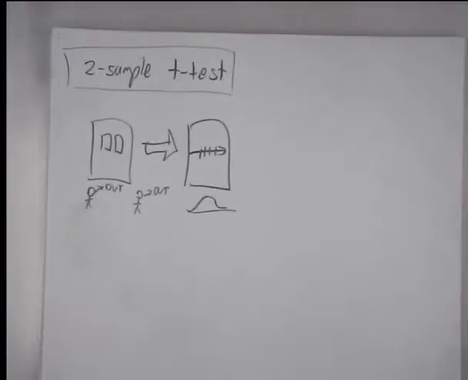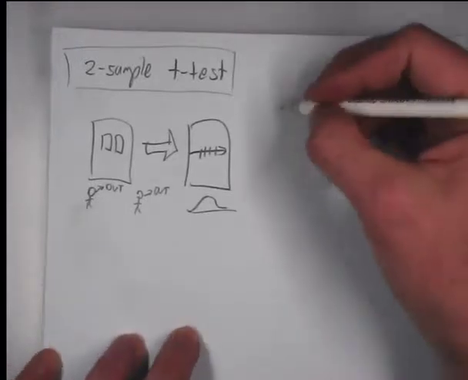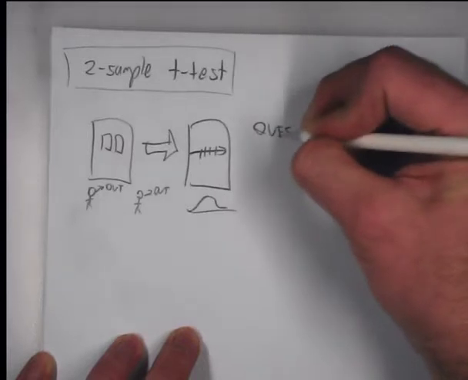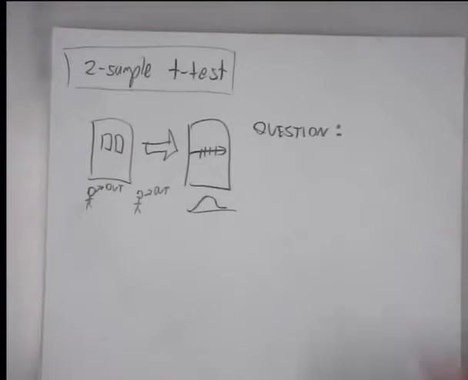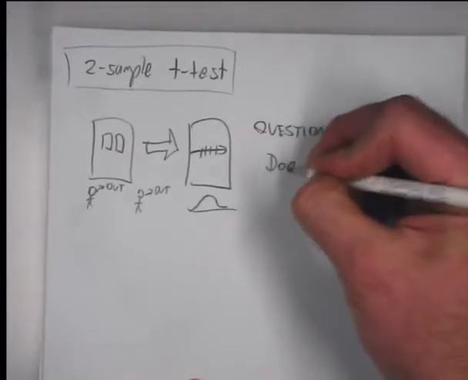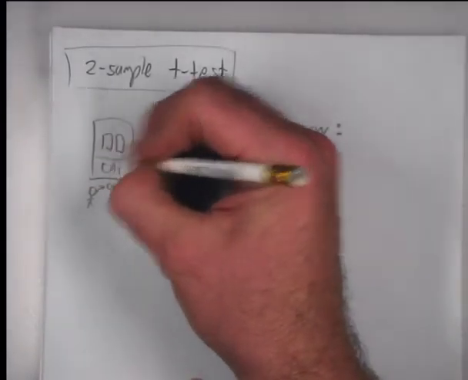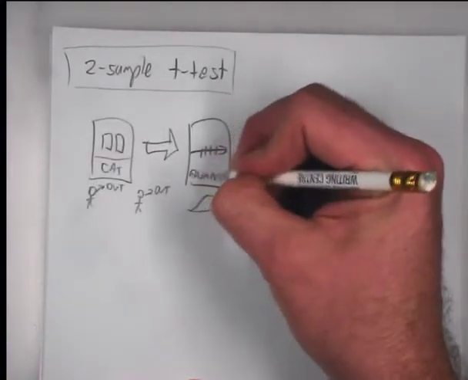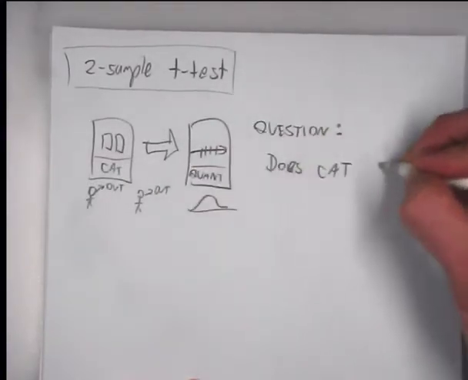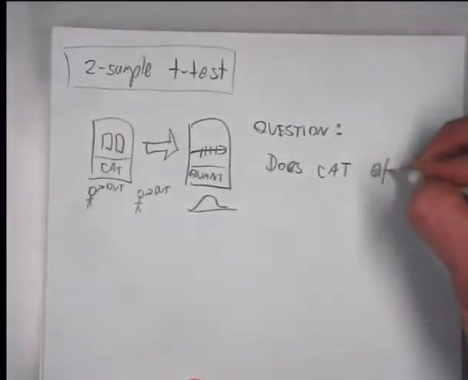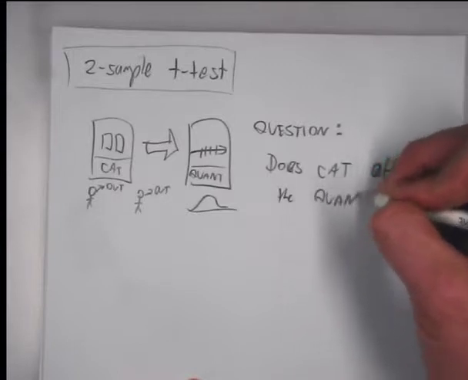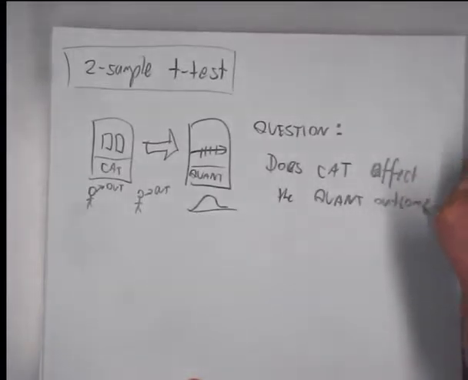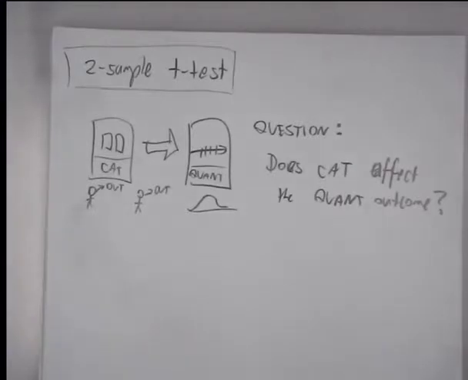All right? So the question, there's two possible ways of asking it. One is, does the categorical variable have an effect on the quantitative outcome? Okay, so for example, does chili affect temperature?